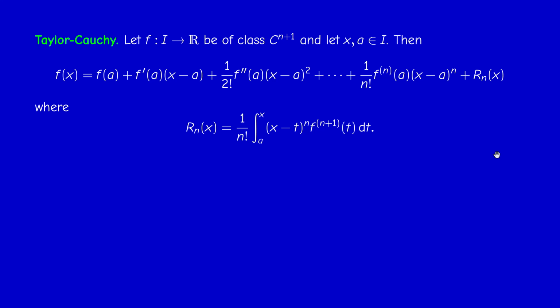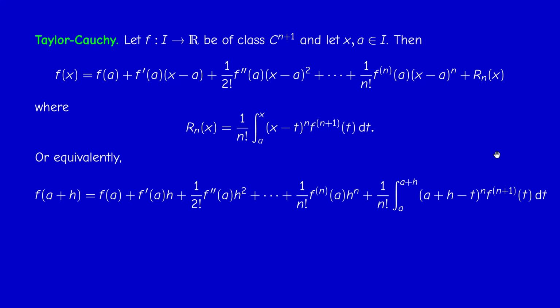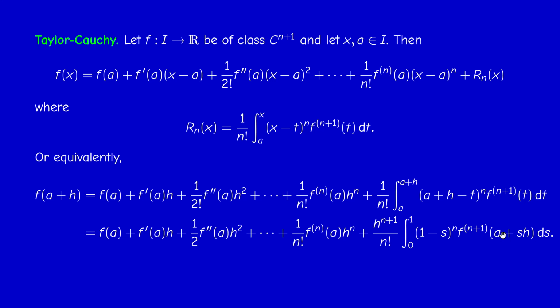We can rewrite it in two forms actually. f(a+h) as a polynomial. Here I just replace x by a+h. And if I do the change of variables t equals a+sh, then you'll get this term here, h^(n+1).